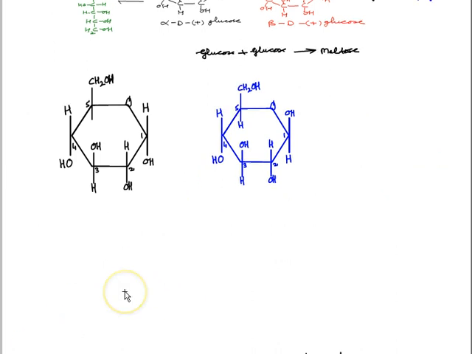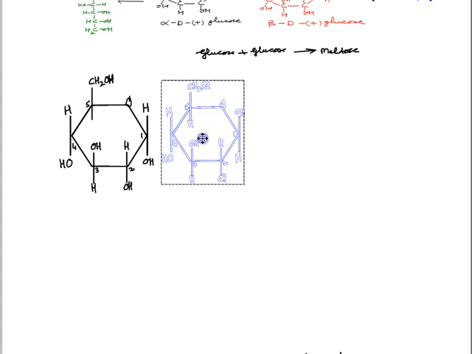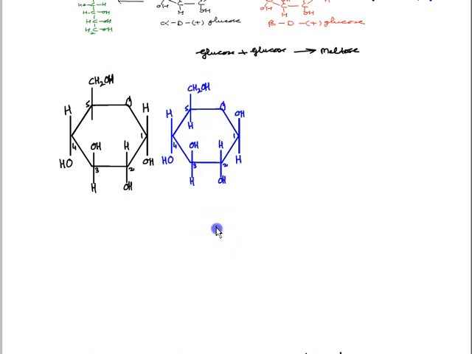Now students, what we have got? We have two molecules of alpha D glucose here, of course in the pyranose form. And these two molecules combine together to form a maltose molecule. So how is it done? Just see. Now we have two OH groups here, this OH and this OH.